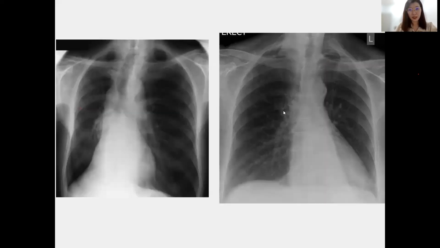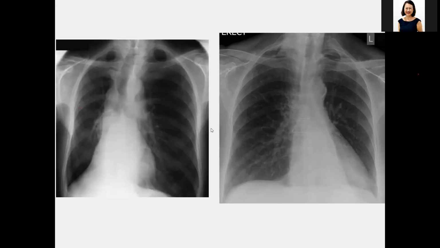Good. So what about this X-ray on the left-hand side? Maybe it's not just the diagnosis, but also the description of the X-ray.